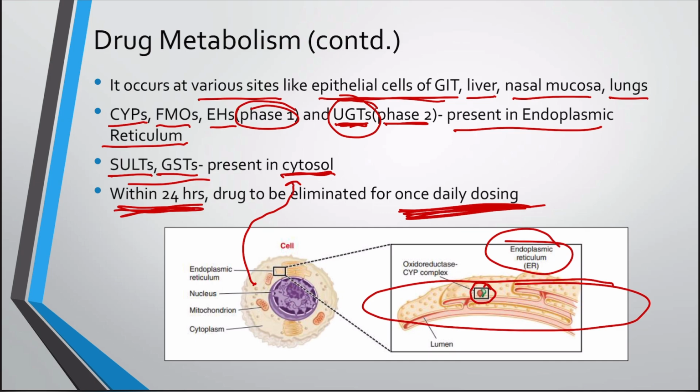If the elimination takes more than 24 hours, it will lead to accumulation, and if it takes less than 24 hours, it will lead to a decrease in the effect of the drug, because it will be completely metabolized even before we give the next dose. So for a drug to be given by OD dosing, it has to be metabolized and excreted out of the body within 24 hours.